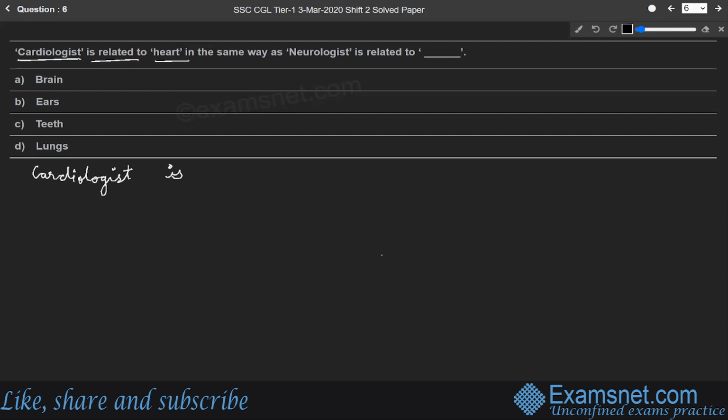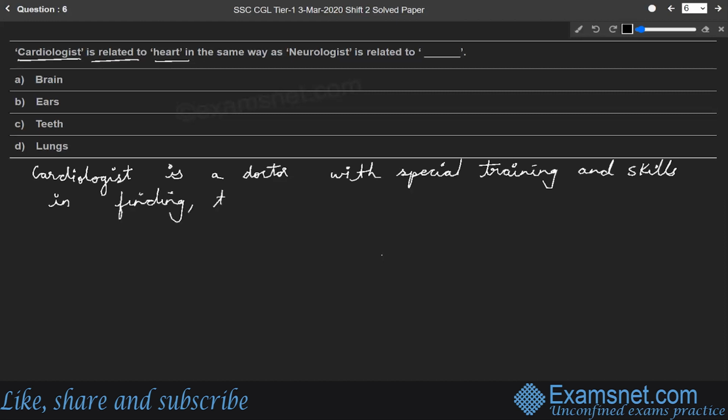Cardiologist is a doctor with special training and skills in finding, treating, and preventing diseases of the heart and blood vessels.